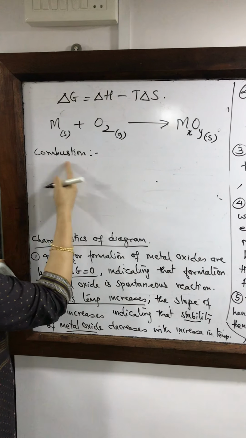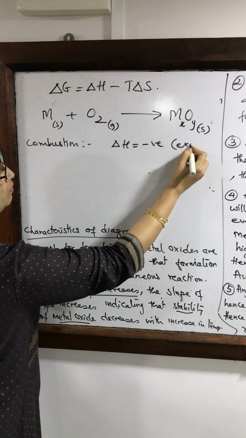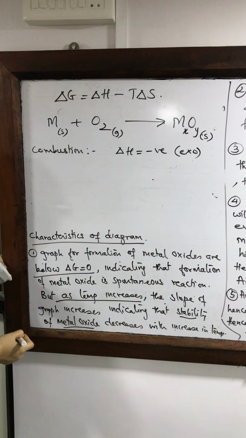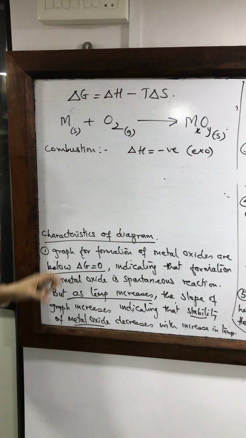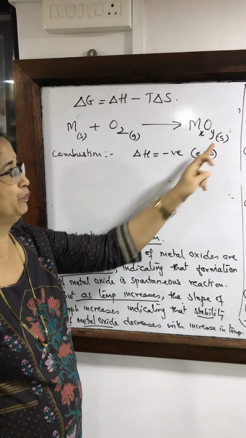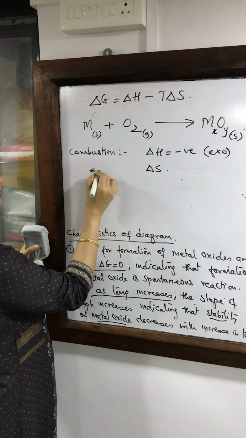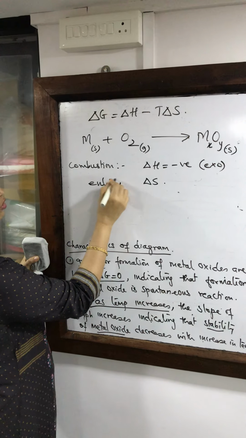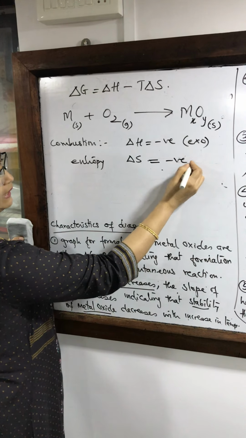And since the reaction is combustion, it will be an exothermic reaction, means delta H value will be negative. In this reaction, you will see that the metal is solid, it is reacting with a gas and it is forming a solid. That means in this case, entropy change is going to decrease. That means it will become negative.